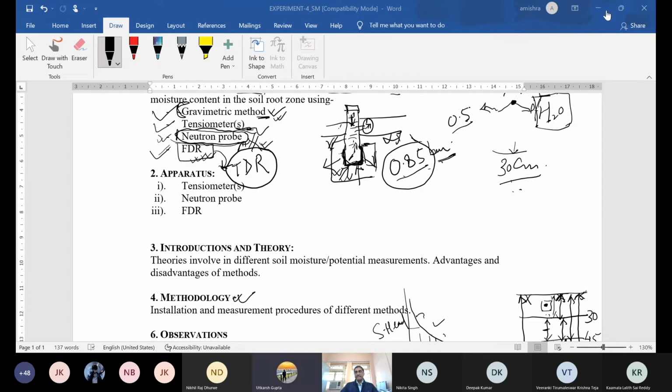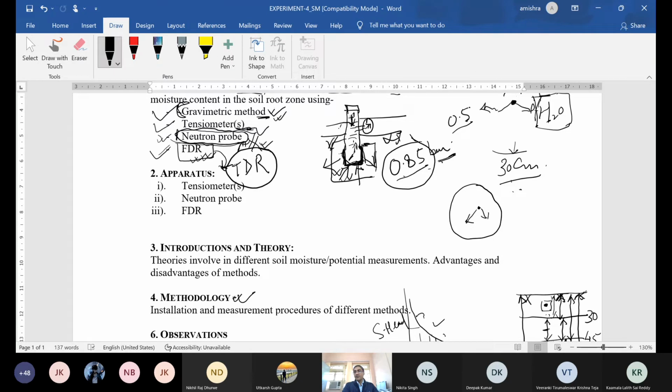Can you repeat? Limitation, if you recall my theory class, once the source of neutrons is on, it scatters low intensity neutrons, but the cloud which is formed from the source is 30 centimeter.